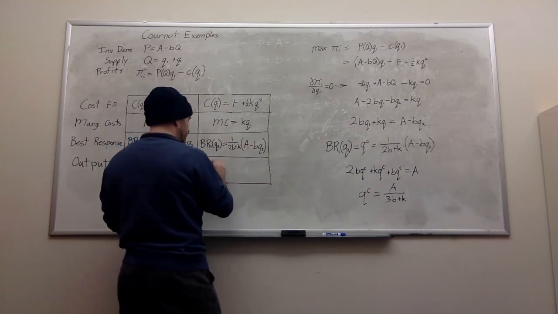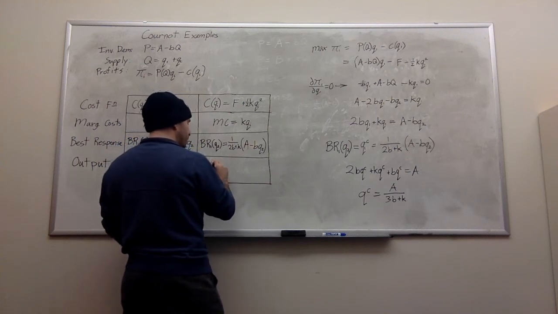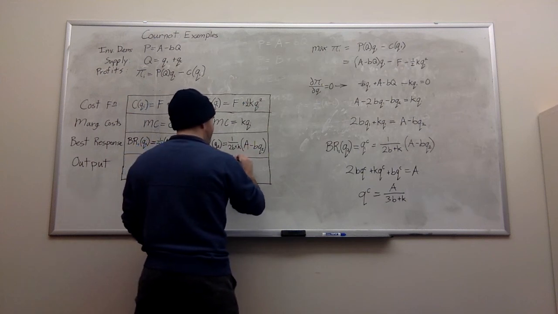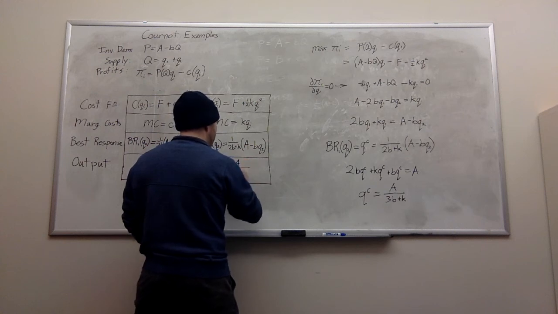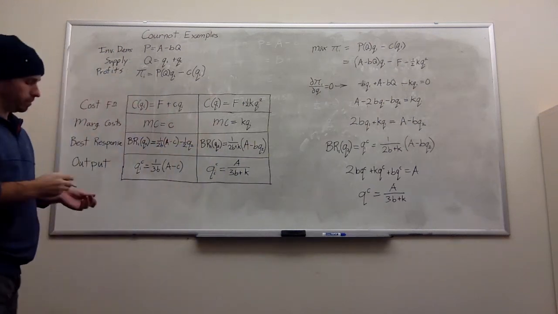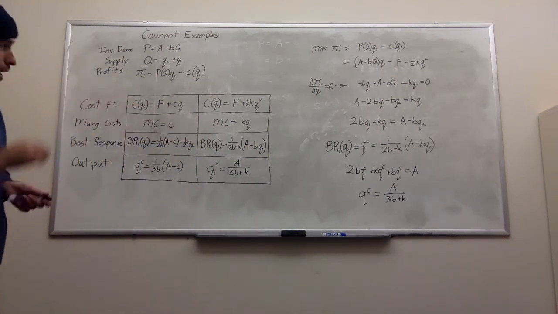And the resulting Nash equilibrium is for both firms to have Qi equal to a divided by 3b plus k, where k is our marginal cost.